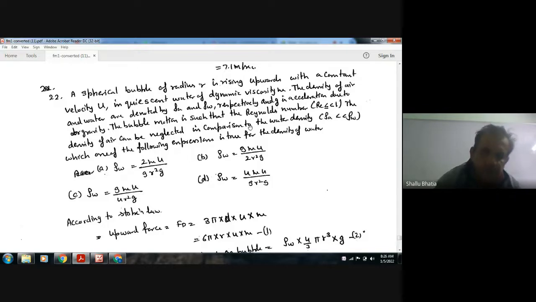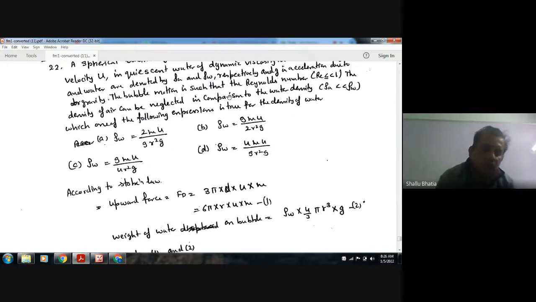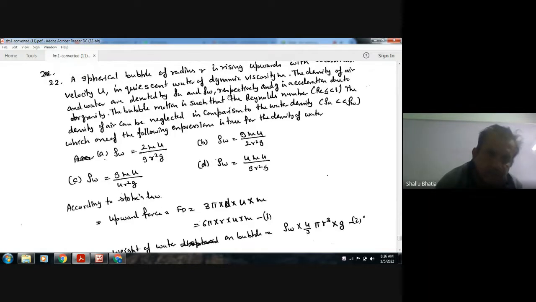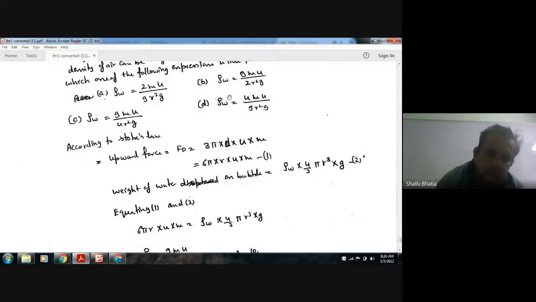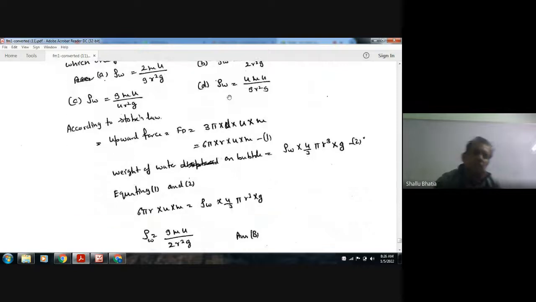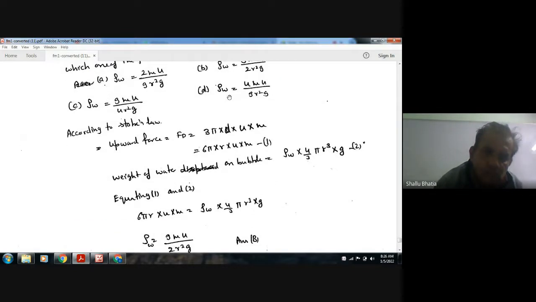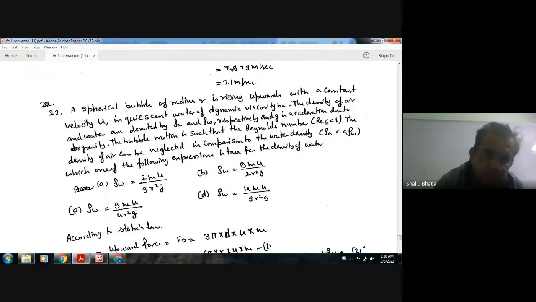Now the bubble motion. As the bubble is rising in the water, a drag force will be acting, as the spherical bubble is rising upward at a constant velocity.